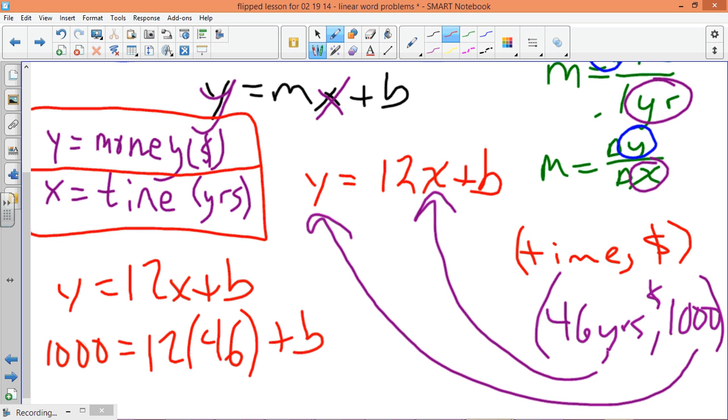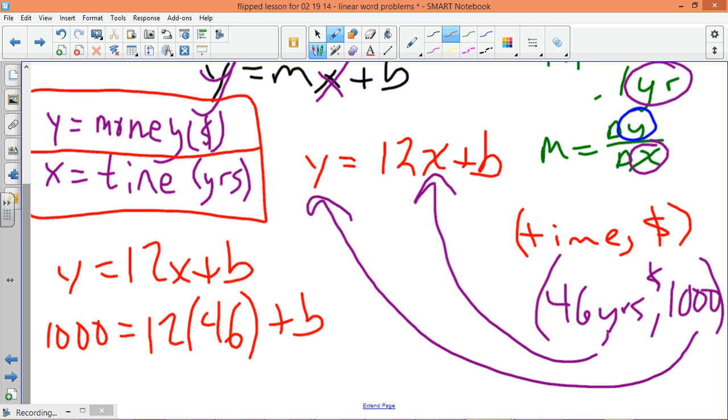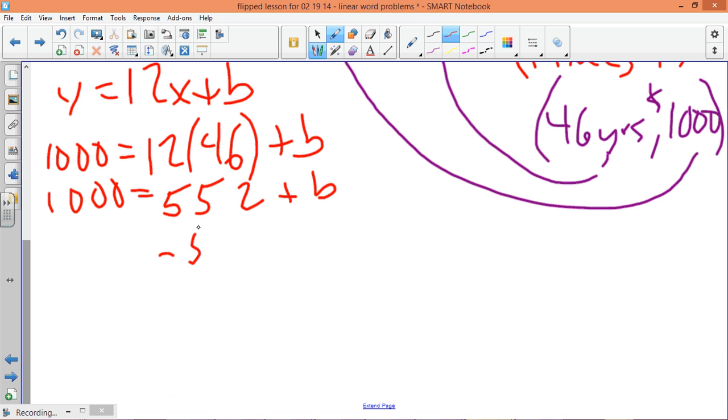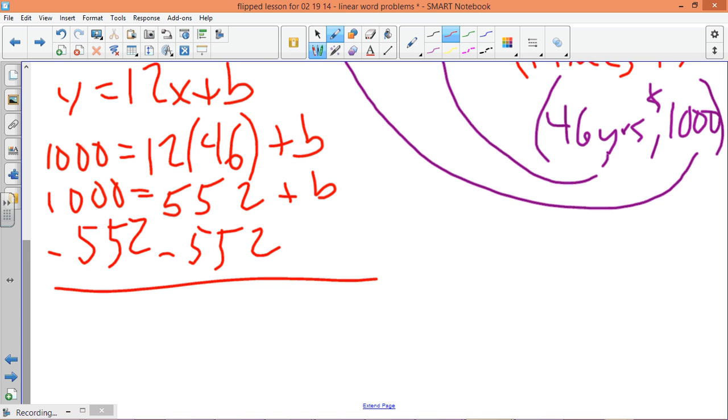And we're going to get screwy answers if we wind up with something like our initial value was negative, meaning the coin was actually worth negative money when we bought it. Let's hope that doesn't happen. I'm going to use my calculator. 12 times 46 is 552. So 1,000 is equal to 552 plus b. So to figure out what b is, minus 552, minus 552.